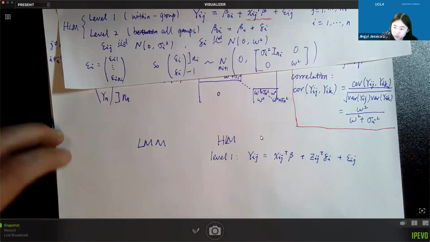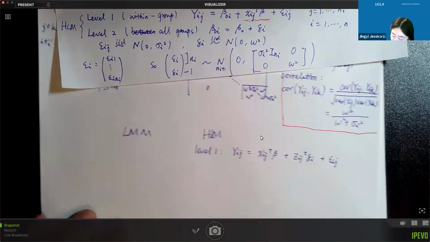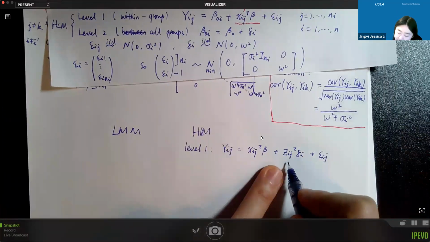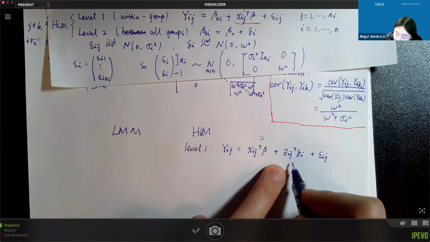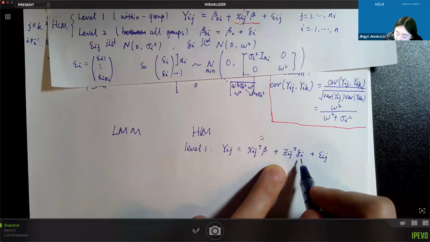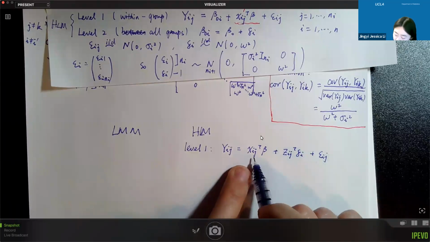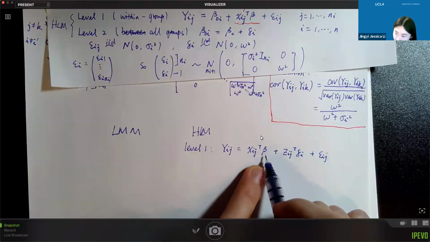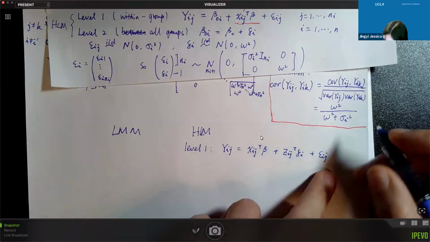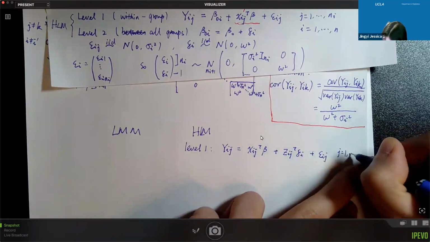I'm writing down the more general notation. Zij could be a vector containing all the predictors whose effects are assumed to be group specific as delta I, and Xij are the predictors whose effects are assumed not to be group specific, just beta. J goes from 1 to Ni.